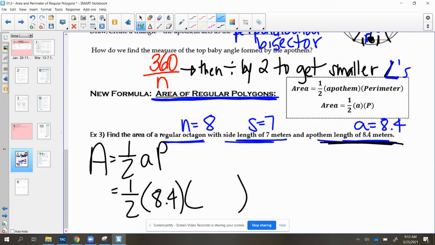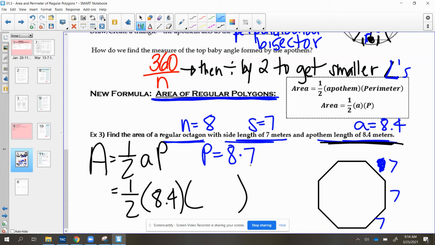Because if we had that 8-sided figure that you might possibly want to visualize here, we know that each of the sides are 7. So we would have to add that up 8 times. So the perimeter is 8 times 7, n times s, number of sides times side length. So a total of 56.